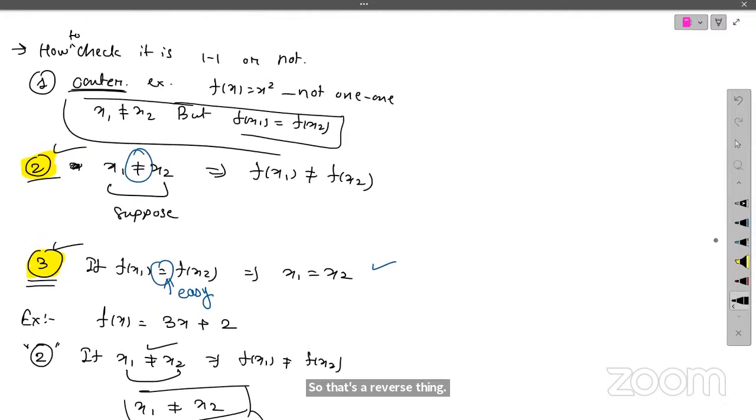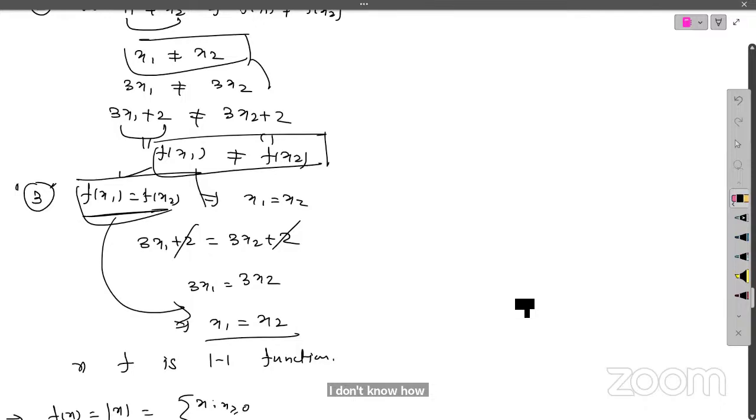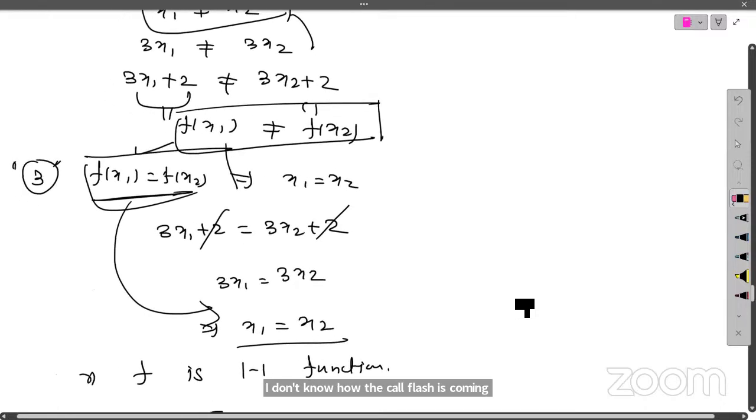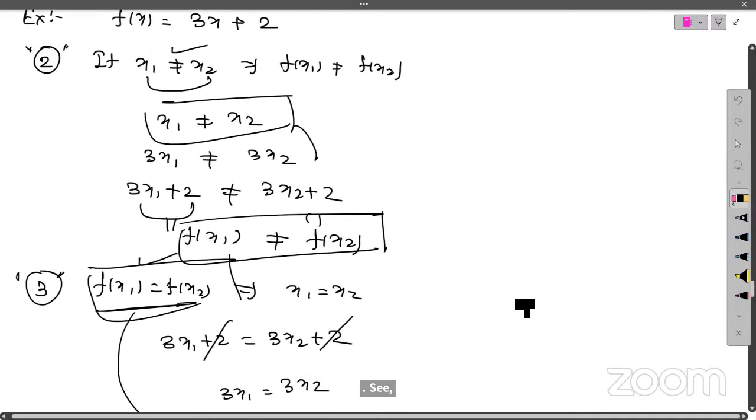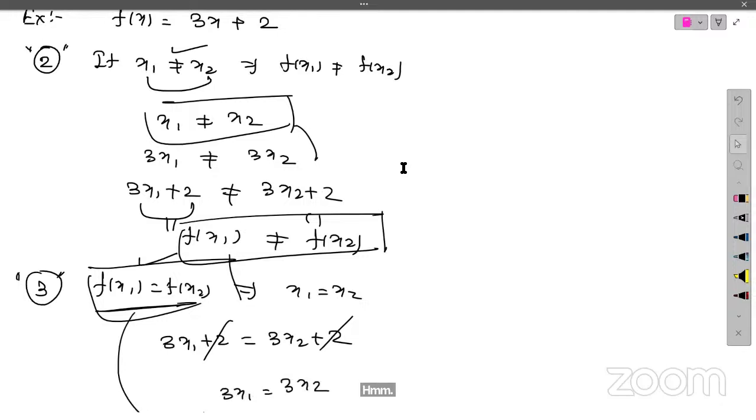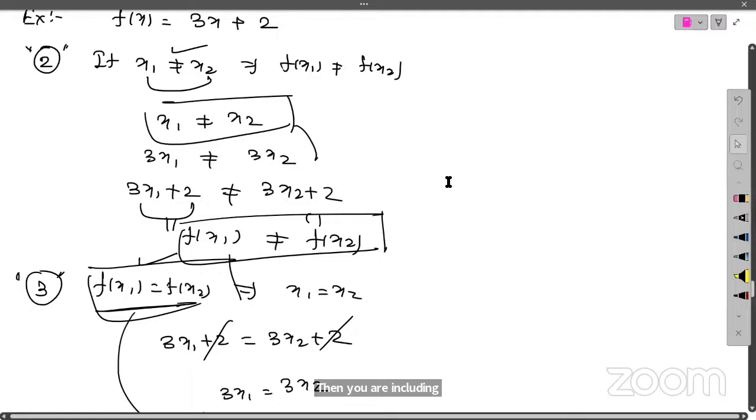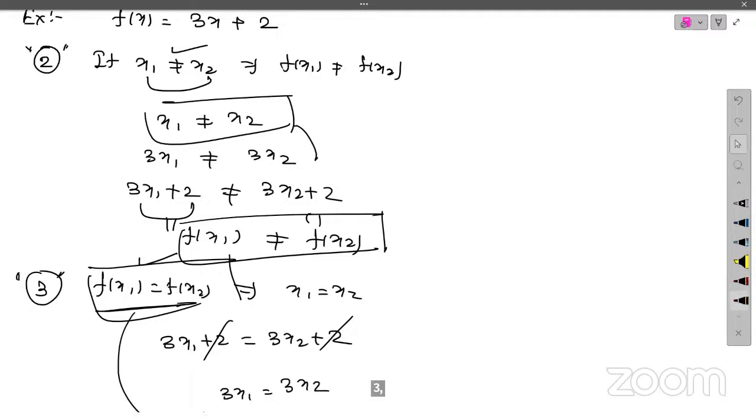See, in the calculation, x1 is not equal to x2. Then you multiply by 3 on both sides. Then you add 2 on both sides. Right, the function is coming directly. Why does the function come into the picture?